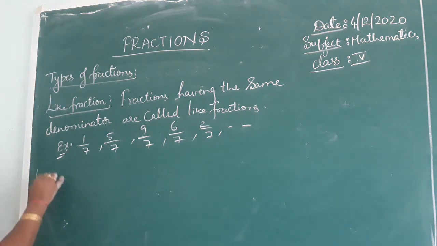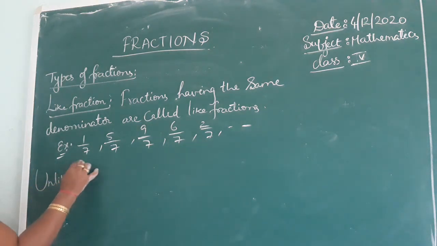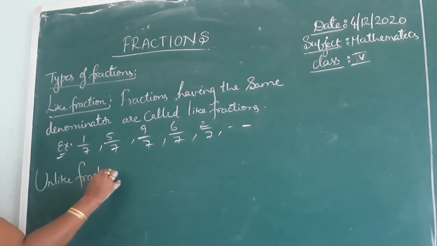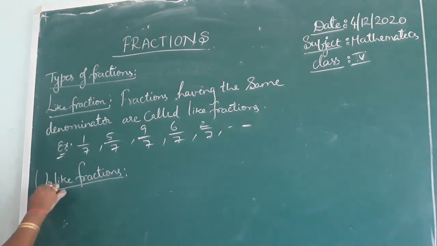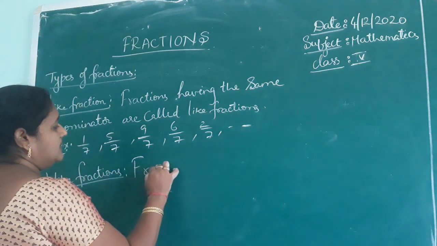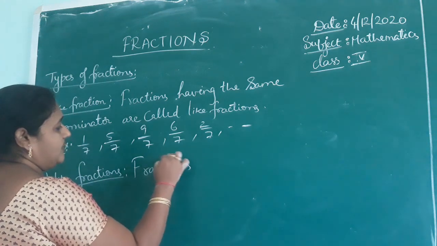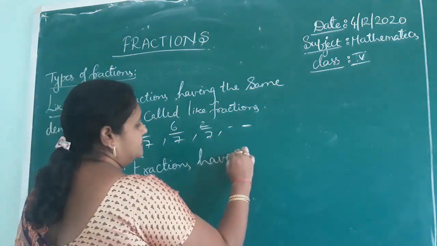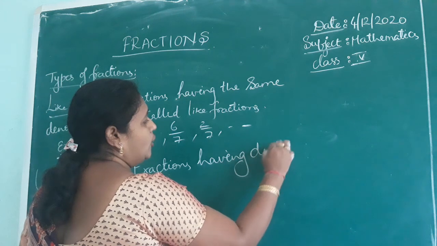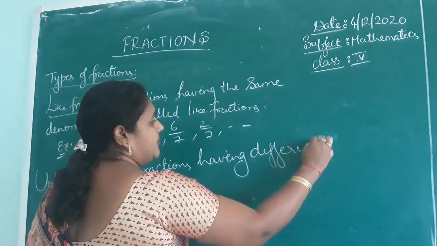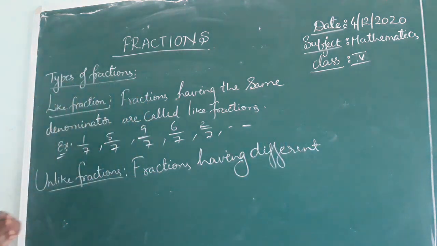Next type, unlike fractions. What are unlike fractions, children?